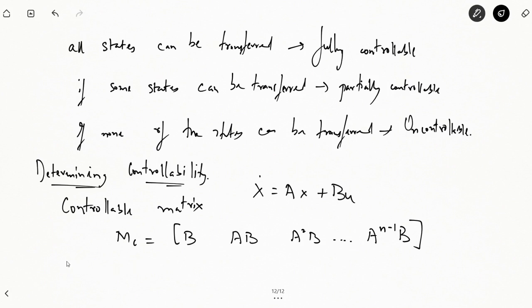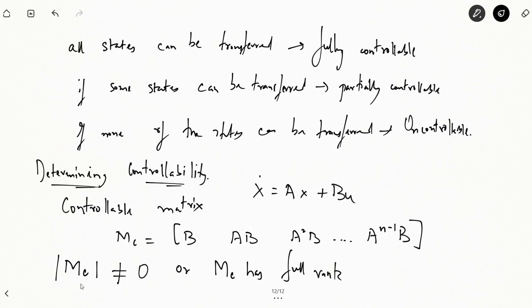And if the determinant of this matrix is not 0, or in other words, you will say MC has full rank. MC having full rank means MC will have the rank equal to n. Fine.